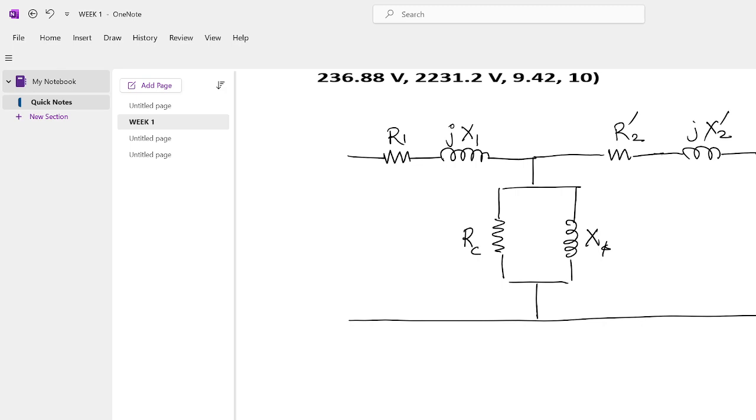If this is the high voltage side and this is the low voltage side, V2 dash is equal to A V2, R2 dash is equal to A square into R2, and X2 dash is A square into X2, where A is the turn ratio.